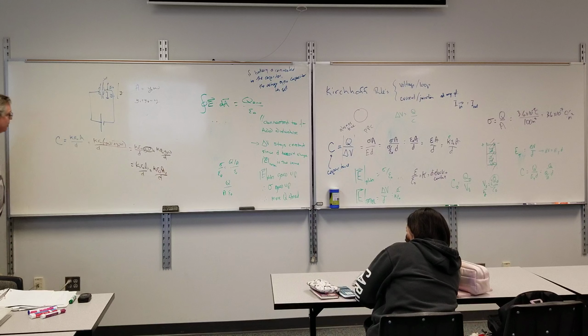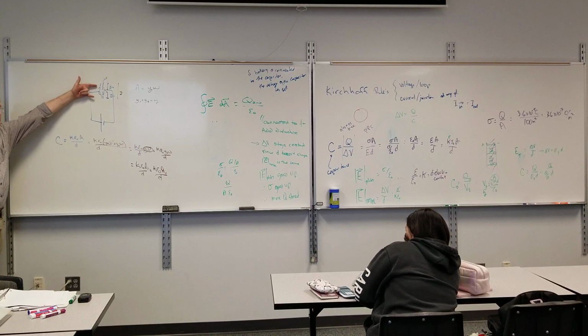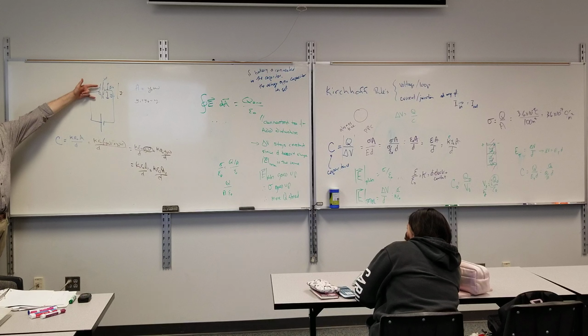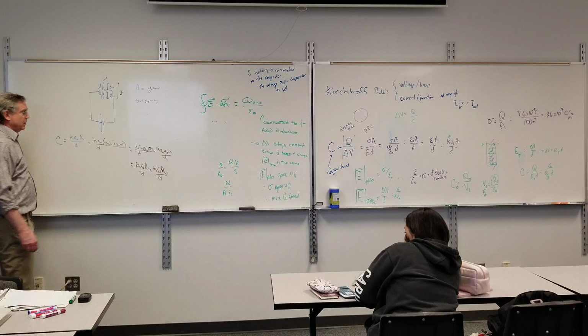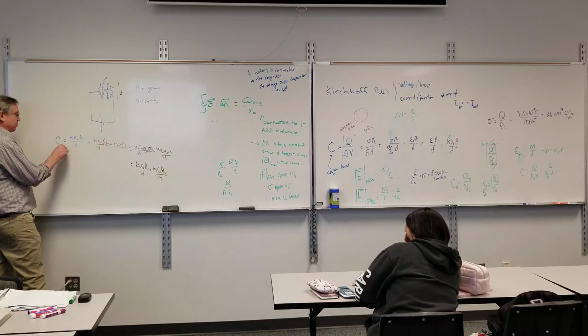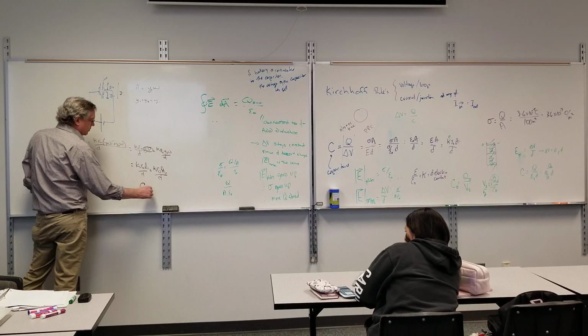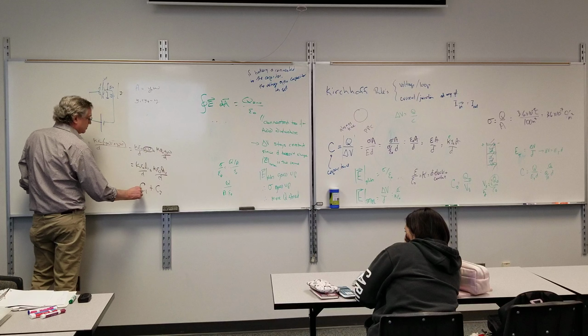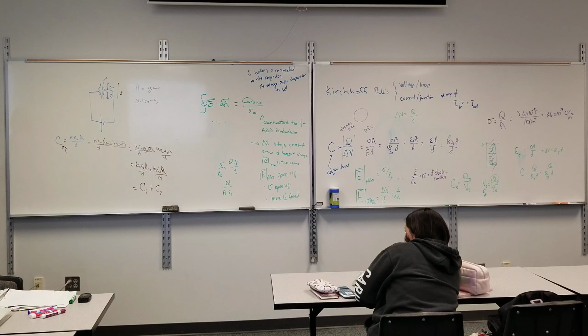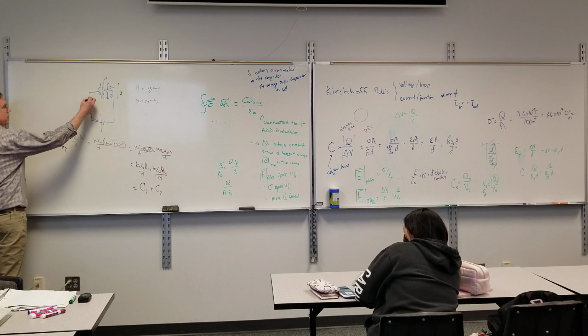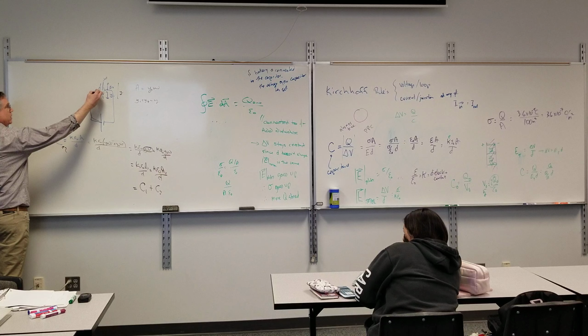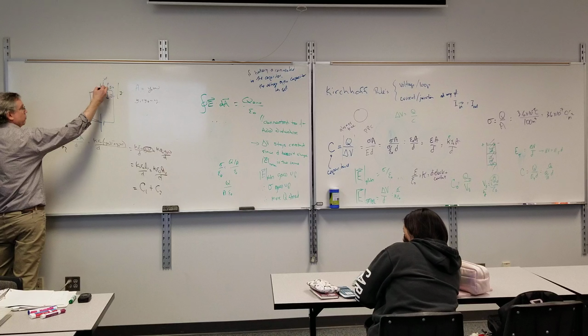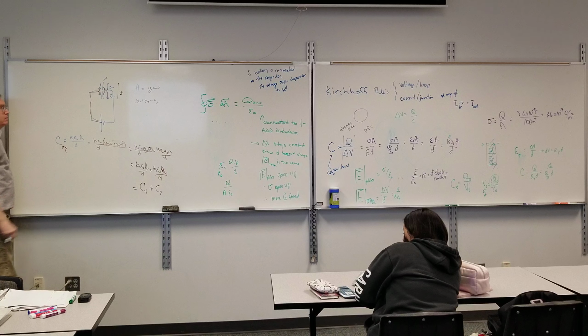In other words, I have two capacitors here in parallel. And the total capacitance is just the capacitance of the first one plus the capacitance of the second one, which is what you dealt with last Friday. Parallel: if I have a current flowing along here, it gets to this point, there's a junction, it's going to split one way or the other, and then rejoin on the other side.